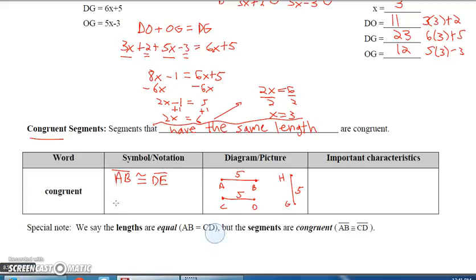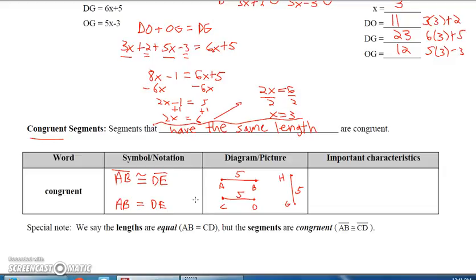We write just the words AB. So this says line segment AB is congruent to line segment DE. This says the length of AB equals the length of DE. If this is true, then this is true, and vice versa, because that's what congruent means. Congruent segments mean they have the same length.